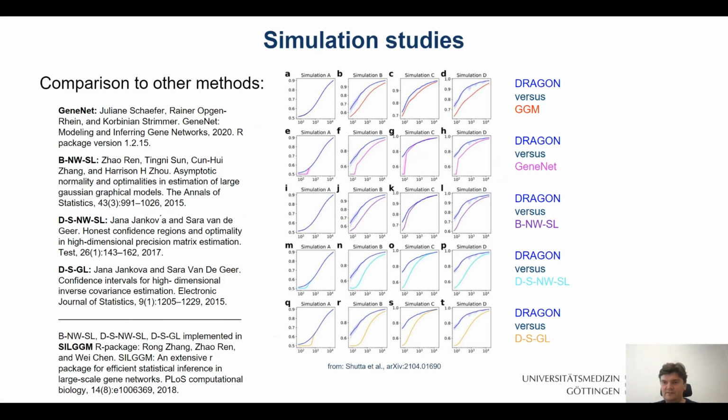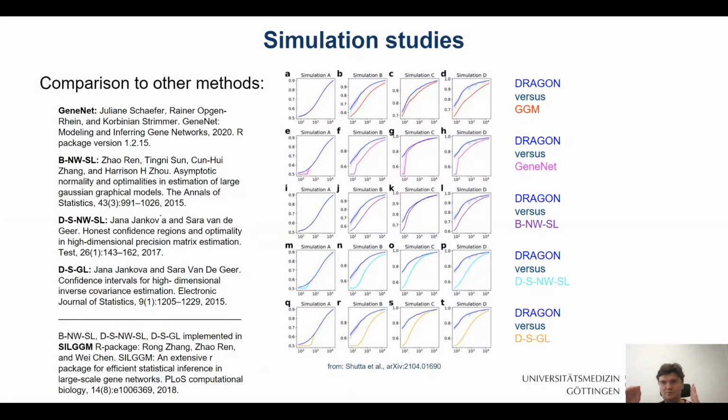We also benchmarked it against other available approaches to estimate Gaussian graphical models with significance levels. Basically all these methods ranked edges according to false discovery rate, and that generated these plots.